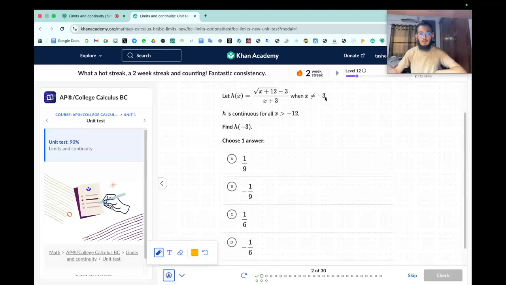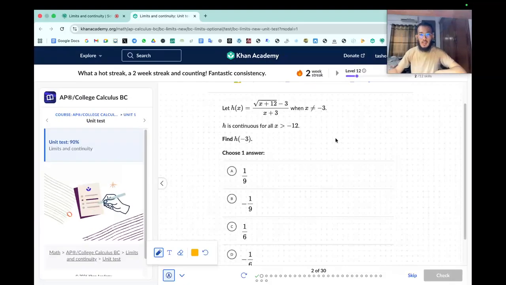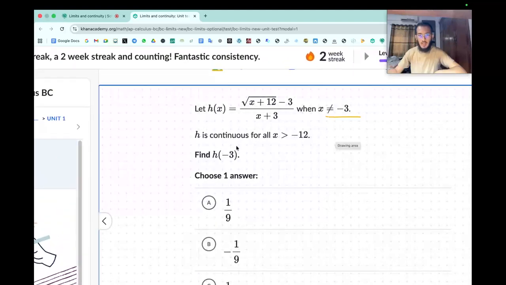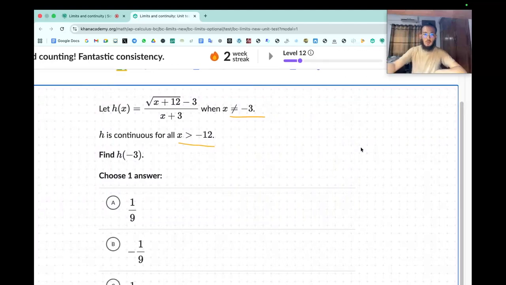So next question. Let h(x) equal this expression, where x is not equal to negative 3. h is continuous for all x greater than negative 12. So we have 0, we have negative 12, and this is the interval for which h is continuous. And we have to find h(negative 3).